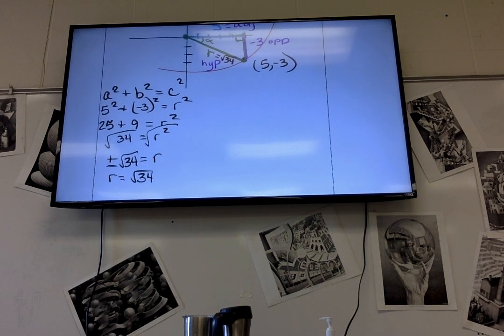Now we have all 3 sides of a right triangle. That right triangle we just drew is called a reference triangle, and that's because it has the reference angle in it. It is very helpful in finding trig functions.